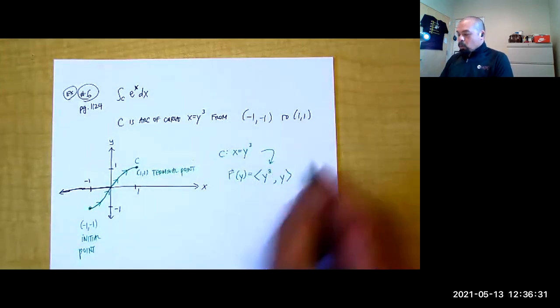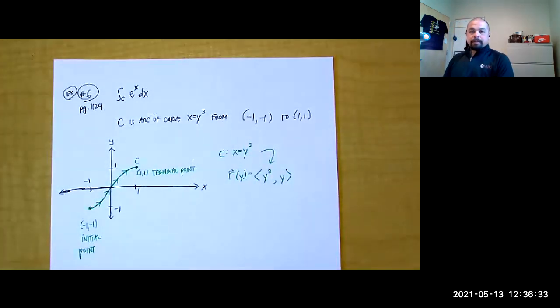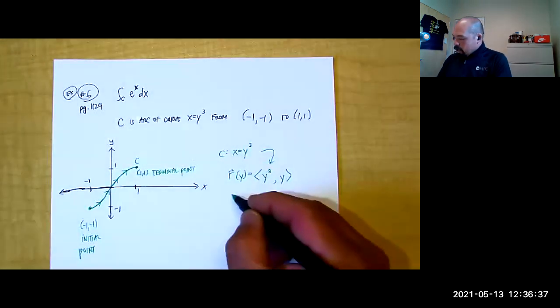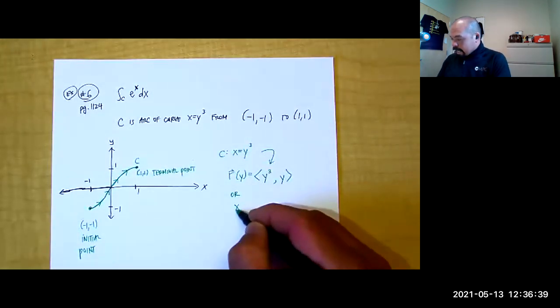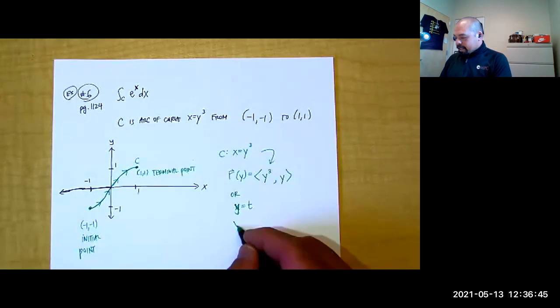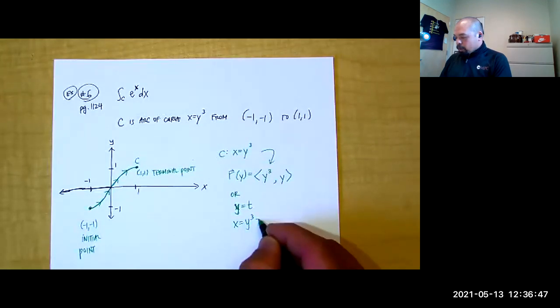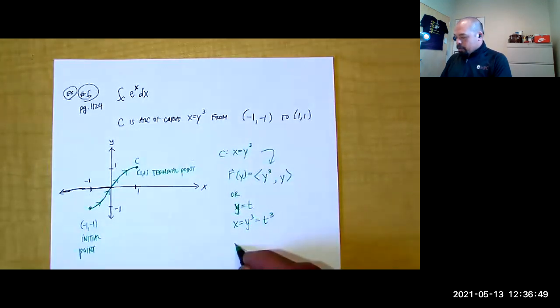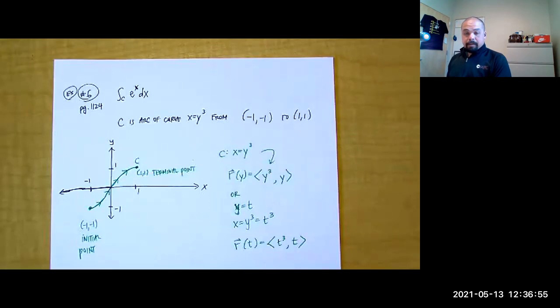That's one way to deal with it. Or we can say, let's start off with y. Let y be equal to t, since y is not changing. So then x is going to be y cubed or t cubed. So then r of t can be given by t cubed, comma, t.